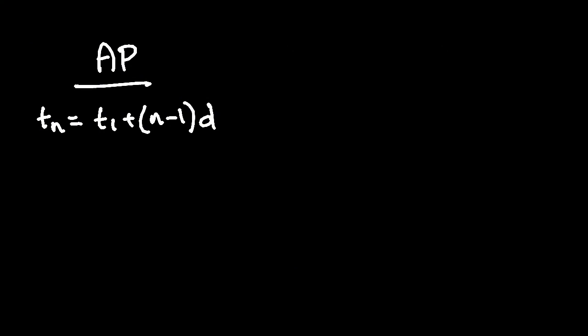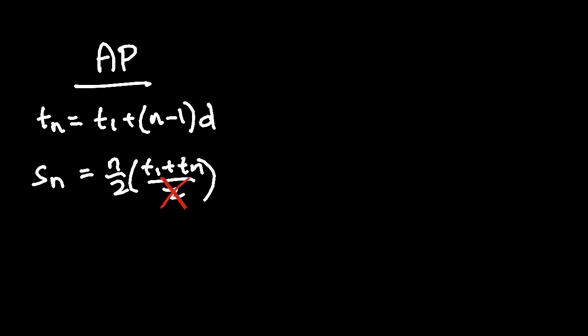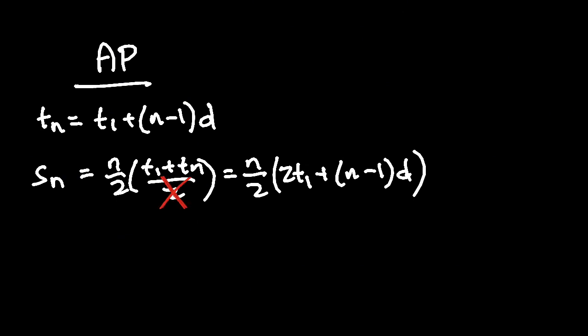We also have the sum of the first n terms, which is n over 2 times (T1 plus Tn). And we also have another formula, which is n over 2 times (2T1 plus (n minus 1) times d). These two formulas can both be used.